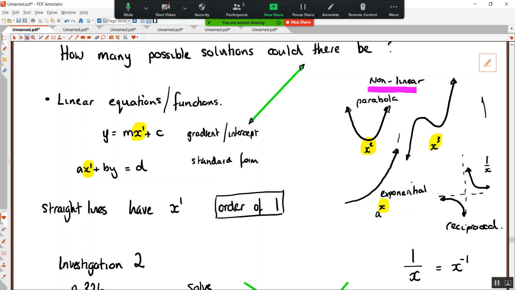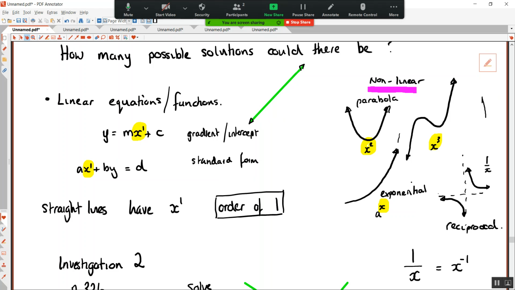And we decided that the way that we could recognize linear was that it was x to the power of 1. Whether it's in gradient intercept form, like this, or whether it's in standard form, straight lines have x to the power of 1, which is an order 1 equation.